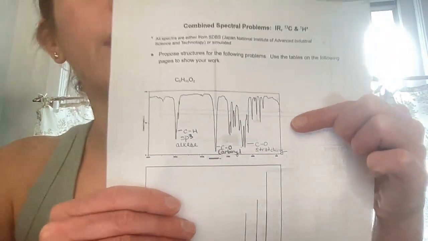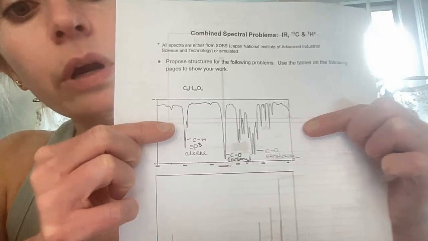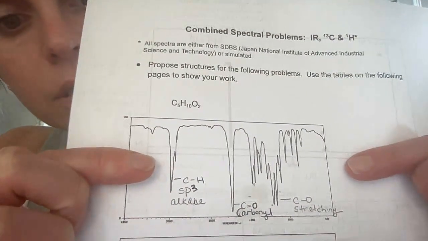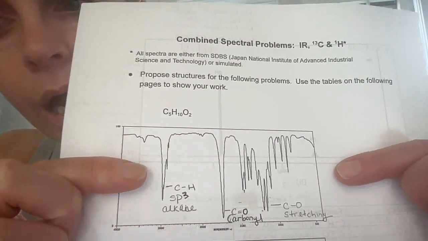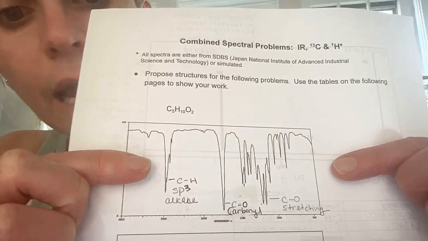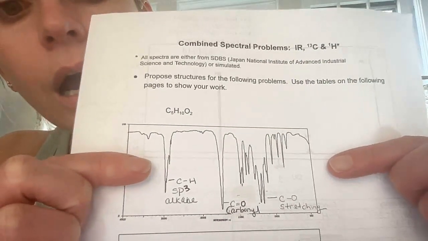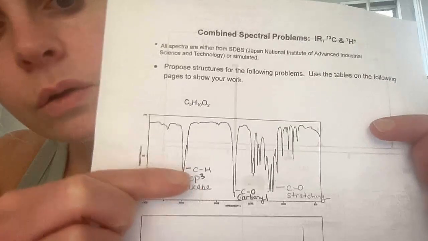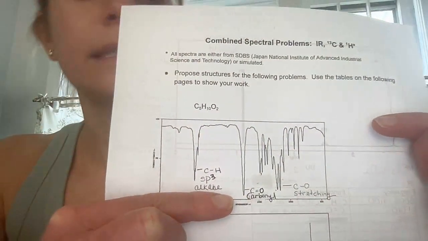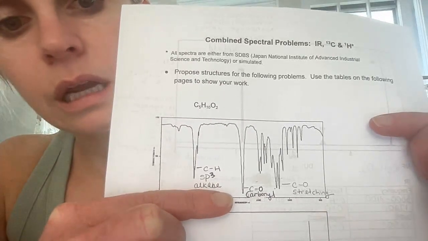First, the first peak is somewhere in between 3,000 and 3,100 centimeters to the -1. By looking at the reference table, we can see that this is a C-H bond. The second peak, right here, is somewhere around 1720 centimeters to the -1.